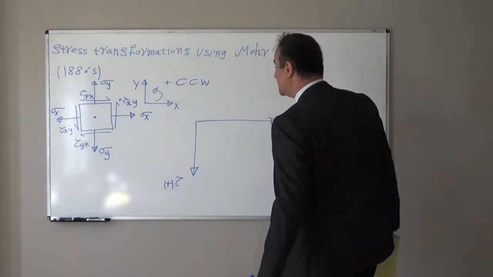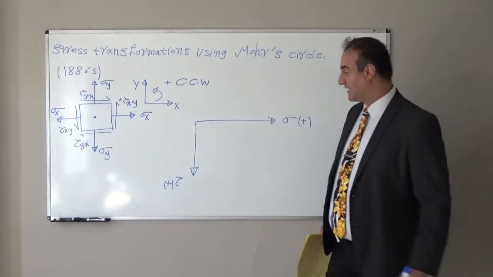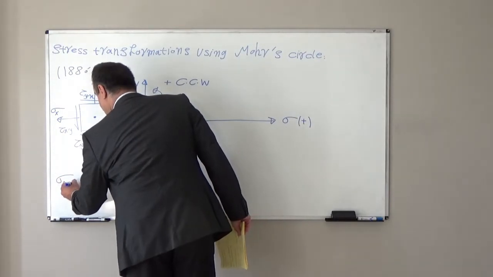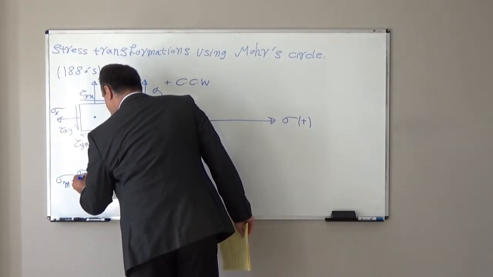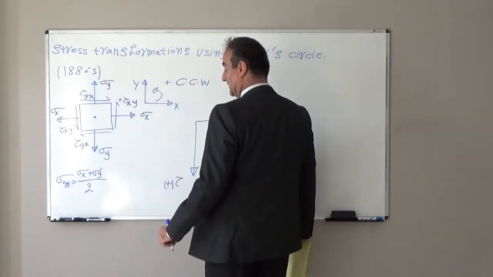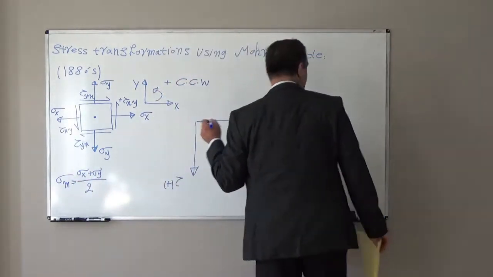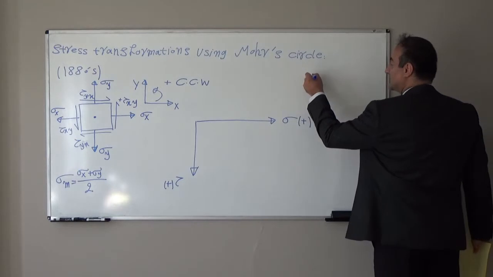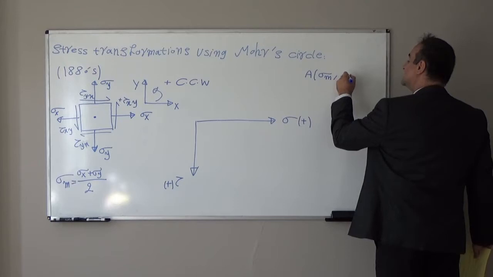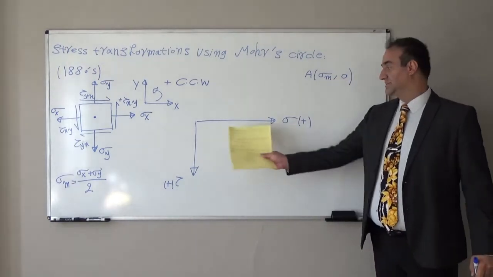First step, we should find the average normal stress. Average normal stress or mean stress will be equal to sigma x plus sigma y divided by 2. So, average normal stress or sigma mean and 0 will be the first point on this coordinate.